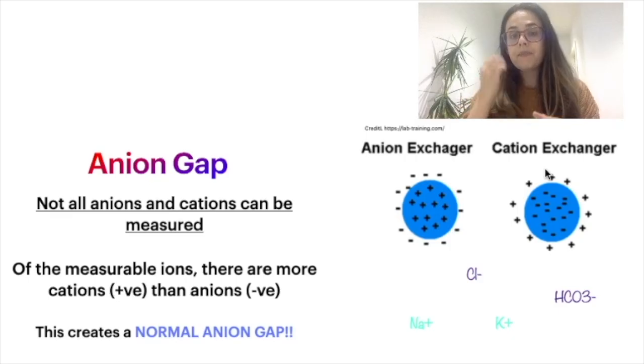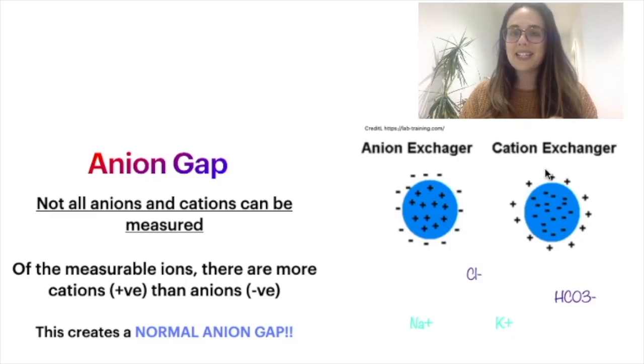Now, some examples of the anions that we can't measure are going to sound a bit weird, because you'll think, well, I can measure them. It's albumin, and things like phosphate, lactate, ketones, and urates. Yes, we can measure them, but we can't measure them well enough to be able to put them into this anion gap calculation.